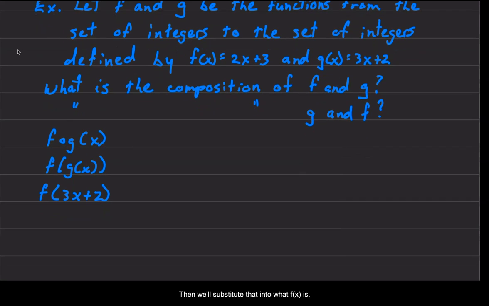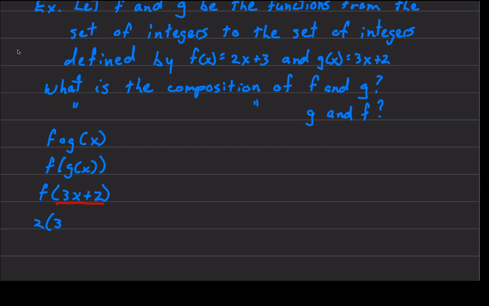Then we'll substitute that into what f of x is. So we go 2, and then we have the x part of f of x, so that's where we substitute in the 3x plus 2.